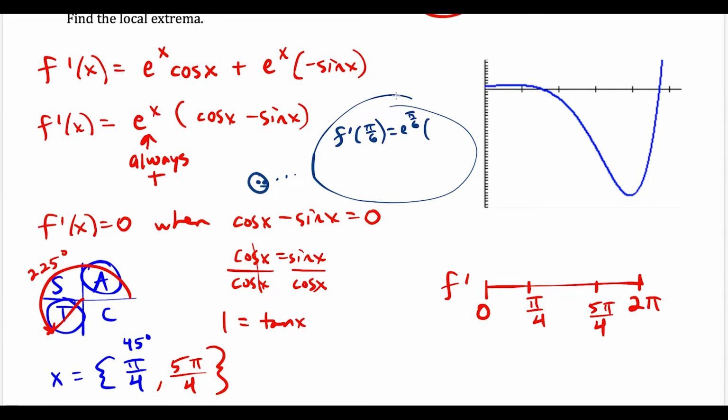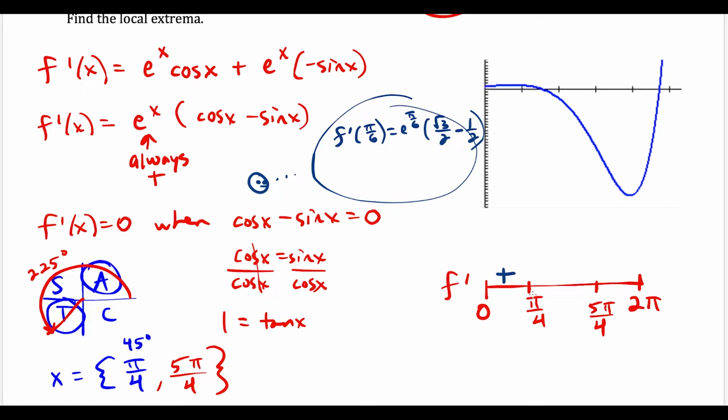I only care about the sign. And now cosine of pi over 6 is radical 3 over 2, minus sine of pi over 6 is a half. So this is always positive, e to a power, and then radical 3 halves minus 1 half is going to be positive because radical 3 is bigger than 1. So that tells us on the first interval our f prime is positive, which makes sense because this graph starts off increasing.